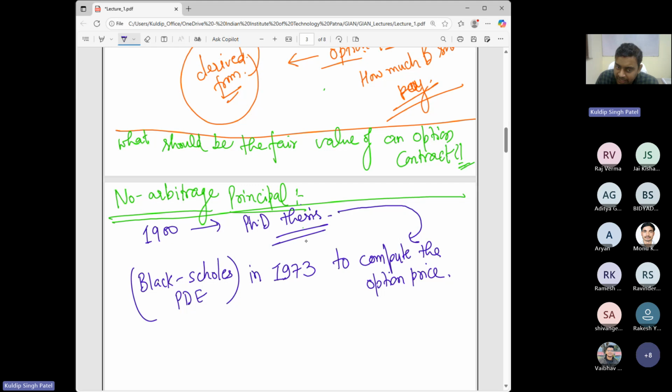So they gave a partial differential equation. Most of you must be familiar with what a partial differential equation is, right? So they both gave a partial differential equation in 1973 to compute the option price. That's great. If we have a partial differential equation, we can solve that and find the option price. Then the problem is resolved.